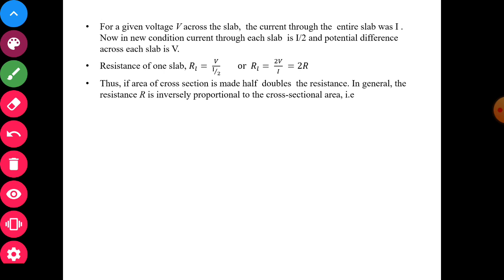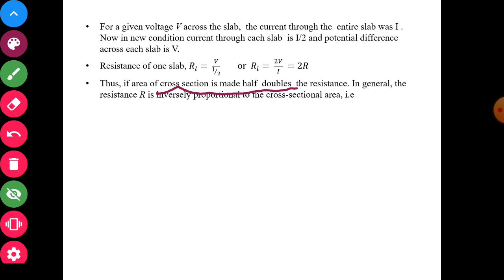If area is decreased, then resistance increases. It means they are in inverse proportion. Try to understand, area of cross section made half doubles the resistance.